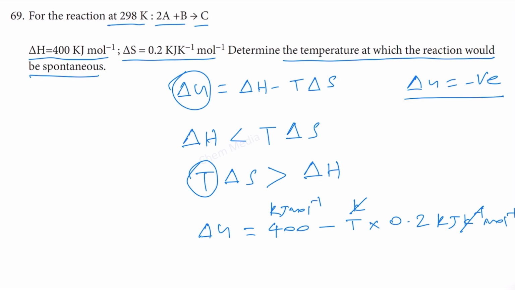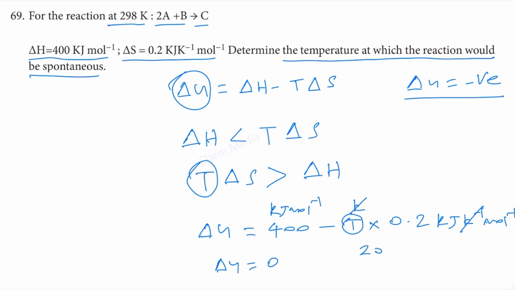Think about it. How can we get 400? Because if we get 400, then delta G becomes 0, isn't it? What term should we put here so that we get 400 minus 400?